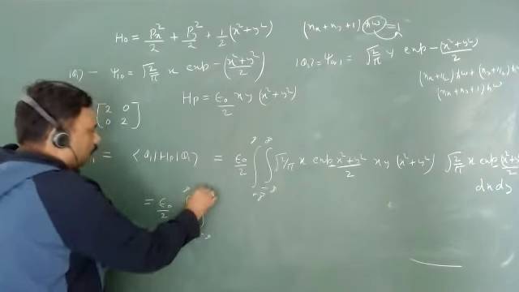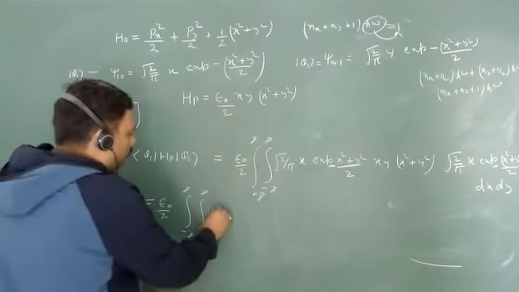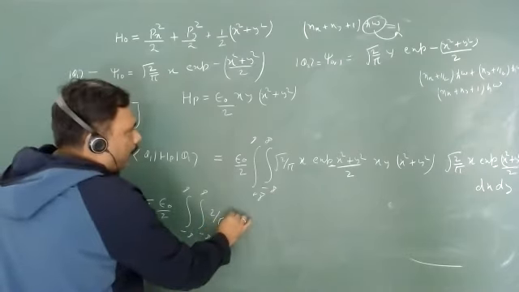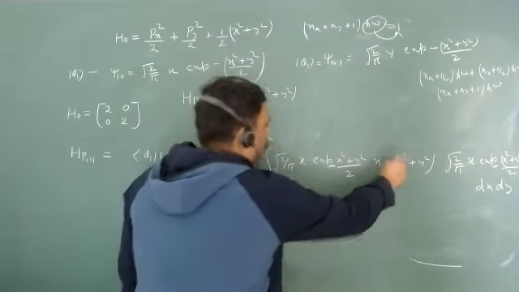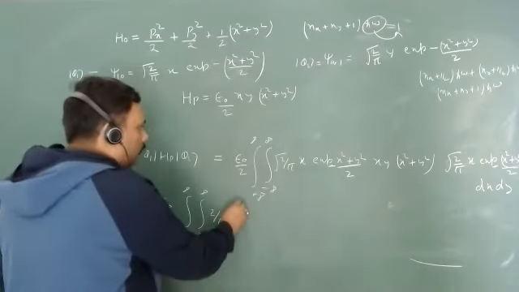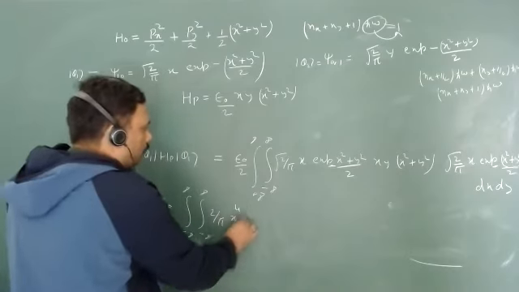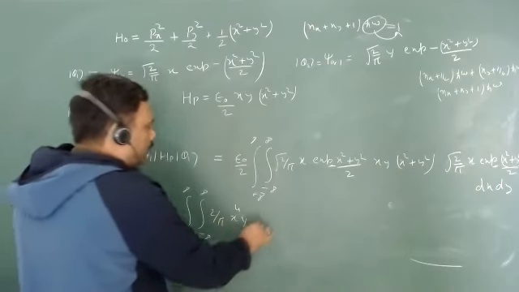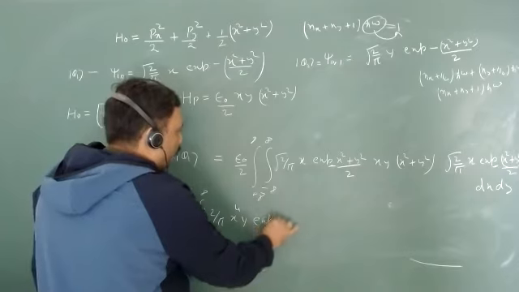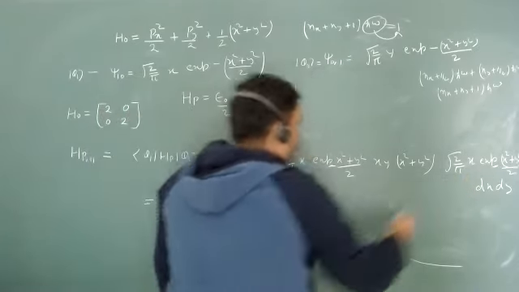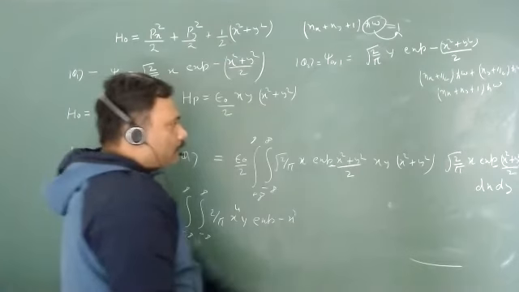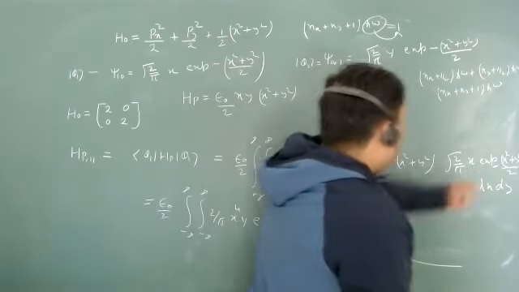Minus infinity to plus infinity, you have 2 upon pi, x into x into x is x4, so x4 y, exponential minus, and sorry, this will also be there.